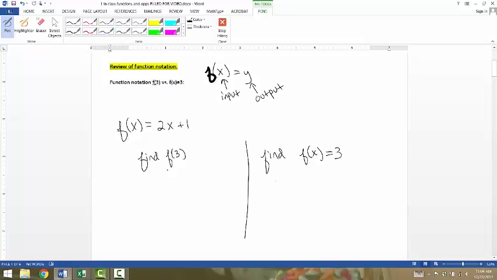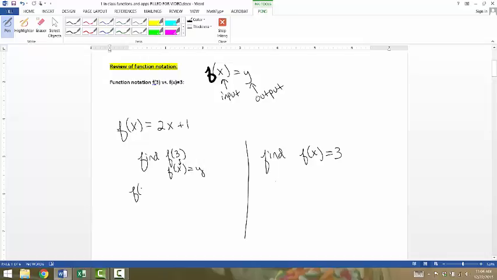F of 3, if you compare that back to function notation, I might write right underneath it, f of x is y. Notice inside the parentheses is 3. Inside the parentheses is the x value. We're saying plug in x is 3 to the function and get out a y value, f of 3.